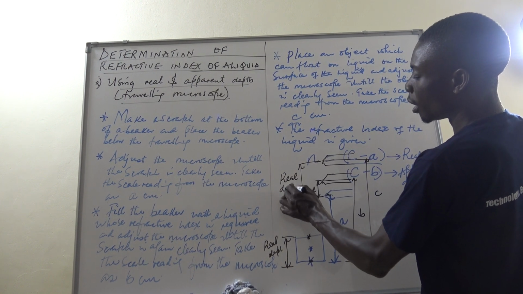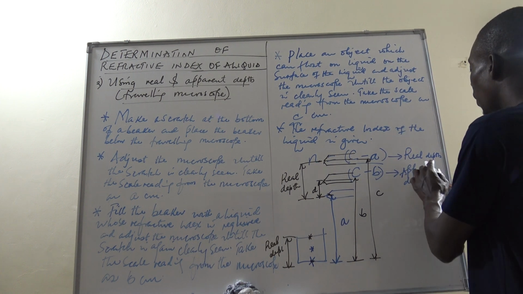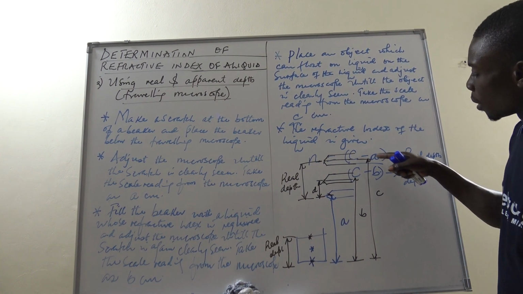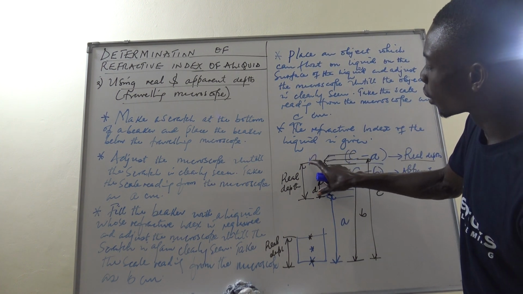This one will be real depth. So that's why we're saying real depth over apparent. But now what is real depth? It is now C subtract A, we shall remain with the real depth.